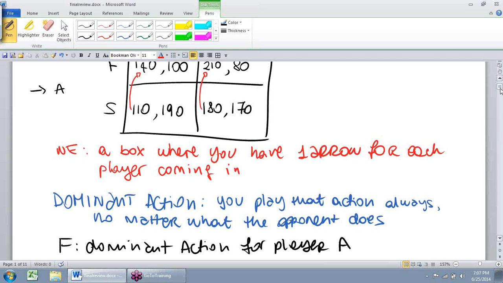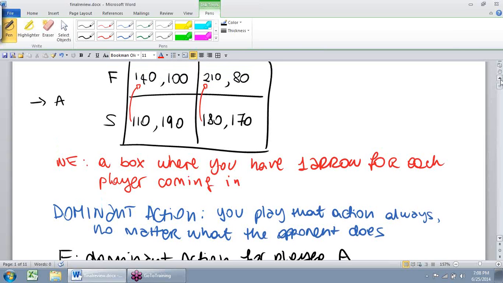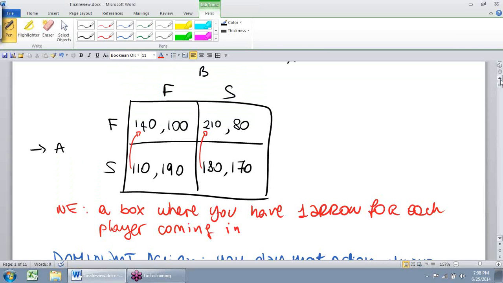Okay, so now let's do the same analysis for player B because we want to find the Nash equilibrium. Now there are two possible scenarios in which B could be. The first one is when A plays fight and the other one is when A plays share. If A plays fight, what does B prefer?